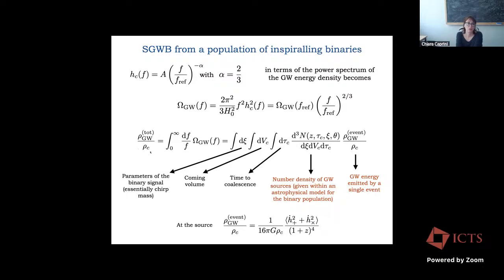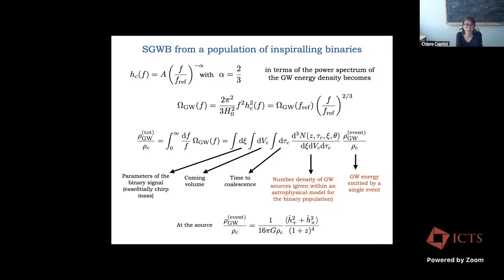This integrated gravitational wave energy density is given by the energy density emitted by one supermassive black hole binary, so by a single event, multiplied by the number density of gravitational wave sources, integrated over all possible parameters: over all time to coalescence, over the comoving volume of the universe, because you want all supermassive black hole binaries that are there, and over all the possible combinations of the parameters of the binary.